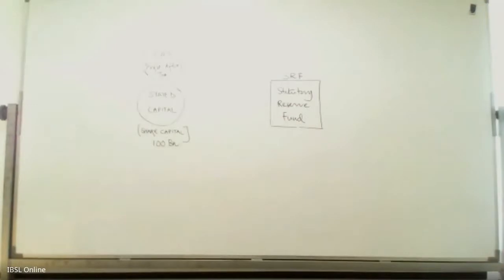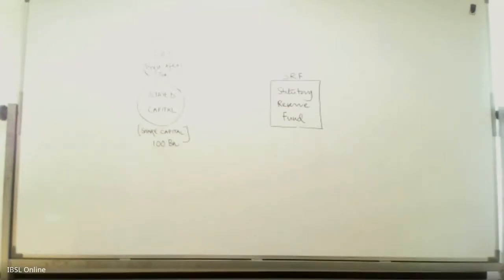Why do you build up the statutory reserve fund? Banks are highly regulated and exposed to a large amount of risks. So as a safety cushion, the banks are required to build up this statutory reserve fund. What is the amount that you need to build up?